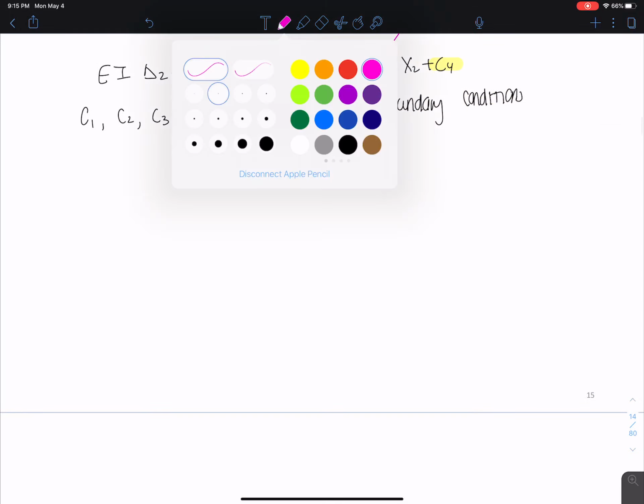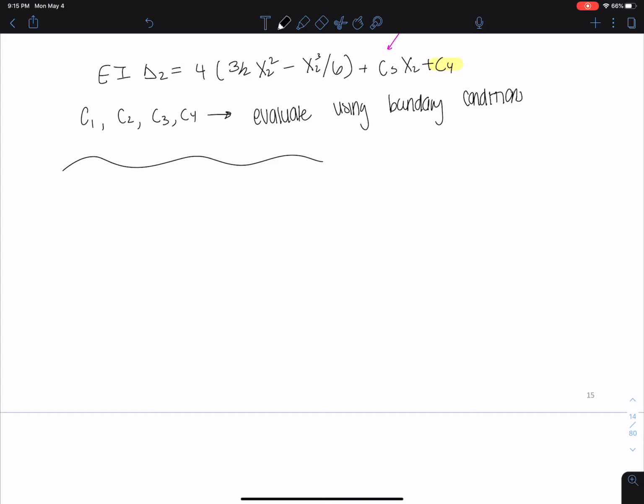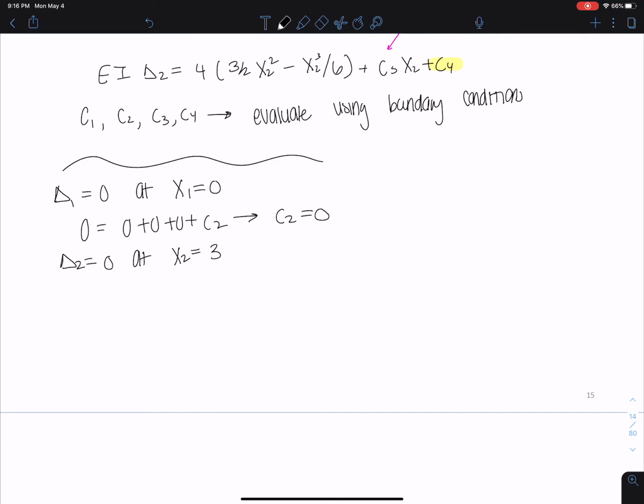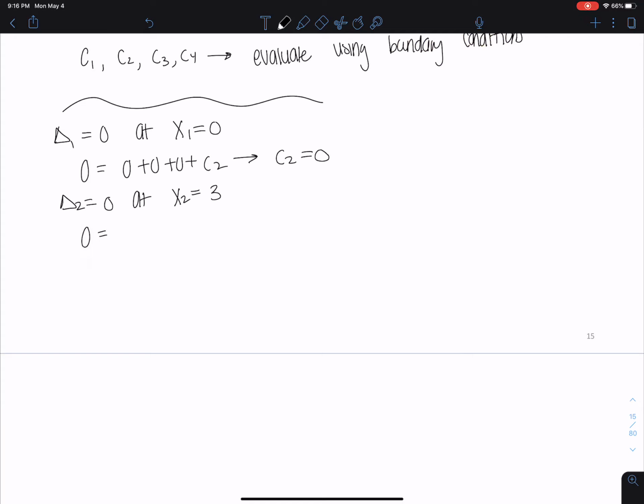Okay, so I'm going to come back here and I'm going to say, well, delta 1 equals 0 at x1 equals 0, and I'm going to plug that into the first equation, and I get all zeros except C2, so I get C2 equals 0. I also know that delta 2, this was delta 1, equals 0 at x2 equals 3. And if I plug that into the equation, I get 4 times 3 over 2, plugging in 3.